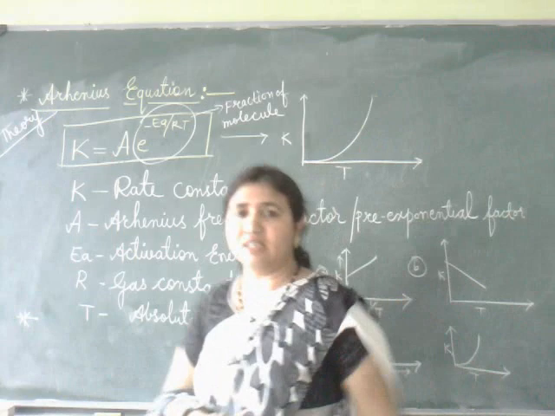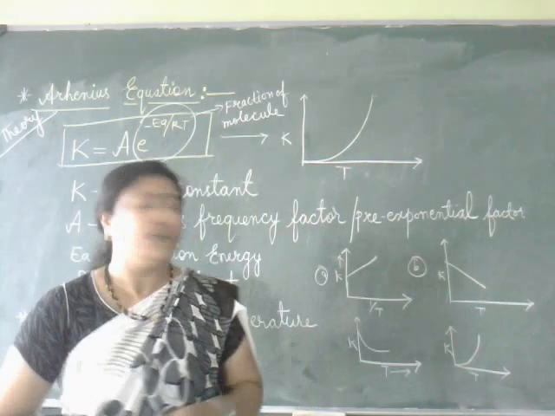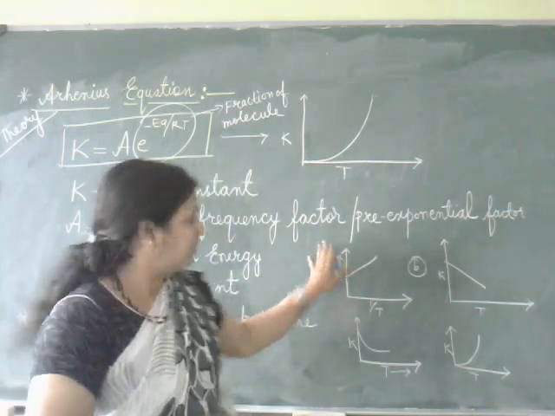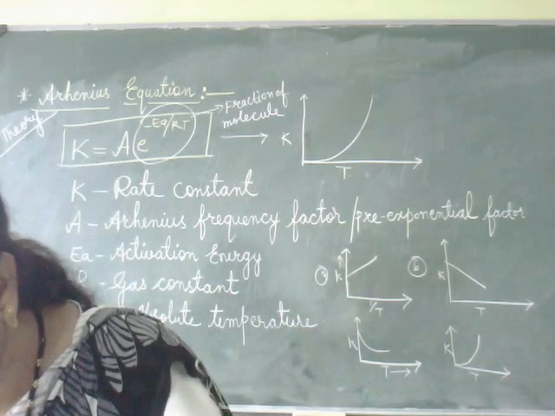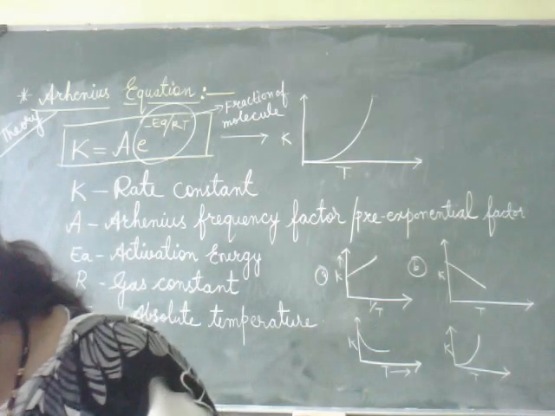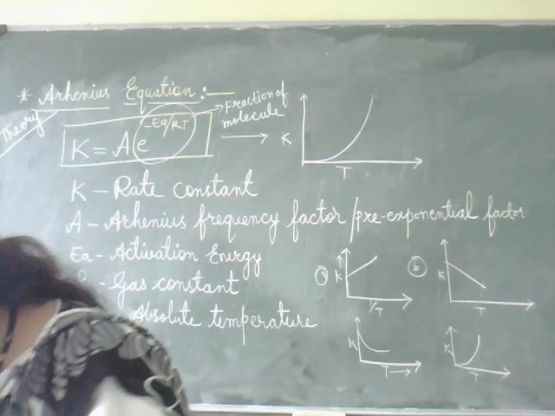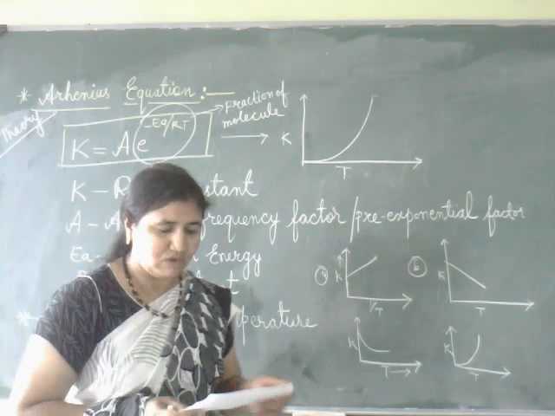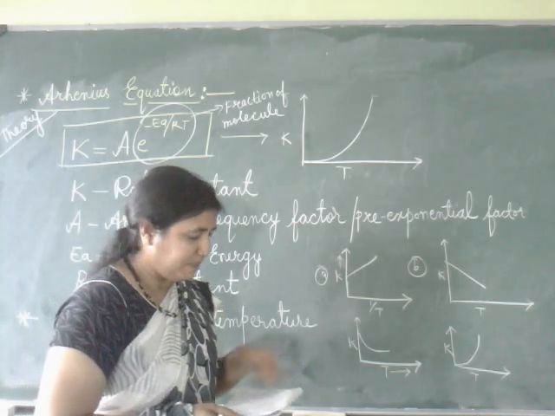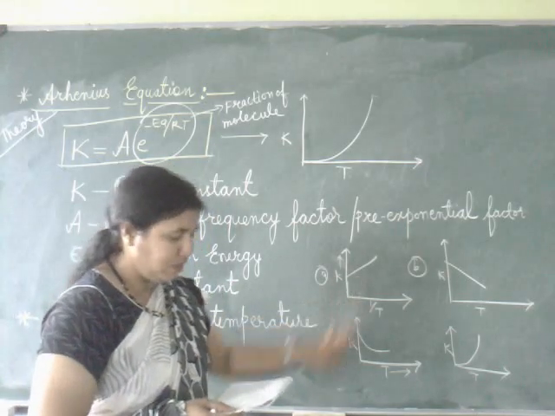This question was asked in JEE in 2010. Four graphs were given, and the question was: plots showing the variation of the rate constant k with temperature T are given below.